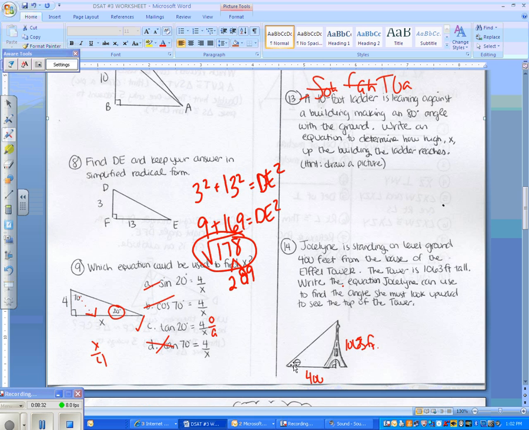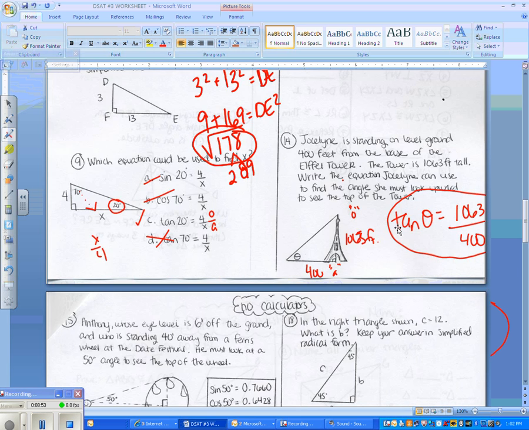So if you look, this is the opposite side of the angle, and this is the adjacent side, so we'll have to use tan. Tan of the angle equals opposite over adjacent. And that's all they want from you. You don't have to solve yet. Okay, that's it. We're done.